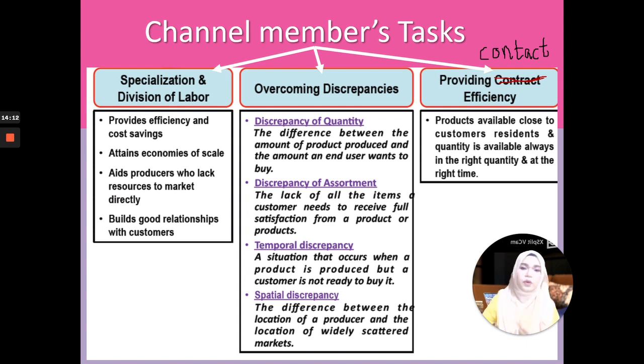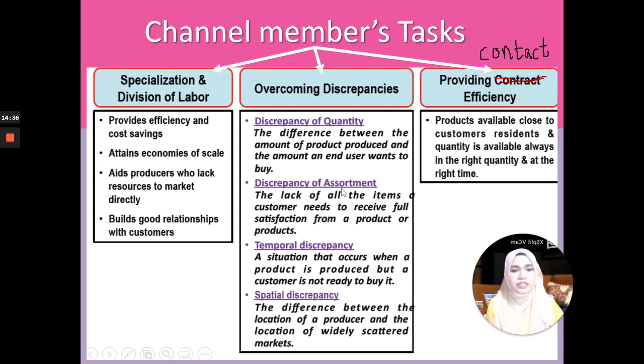And when customers go to the supermarket, they can take 1 or 2 or 5 or 10 ice creams and buy them. So the discrepancy of quantity happens when the producer produces large quantity, but the consumer does not want to buy that large quantity. The channel member's task is to overcome this discrepancy of quantity.